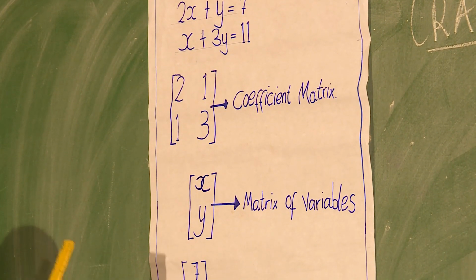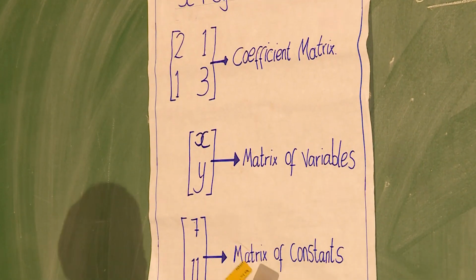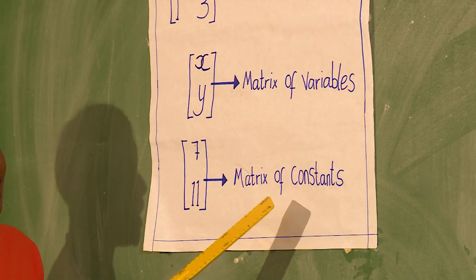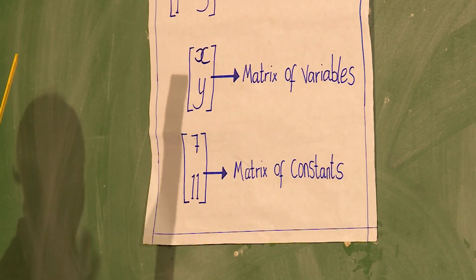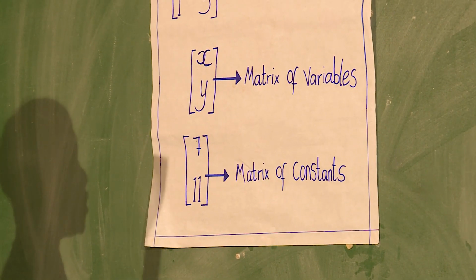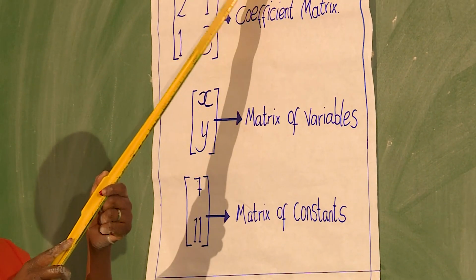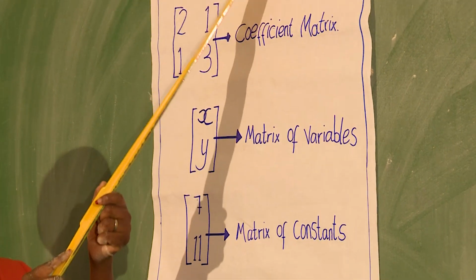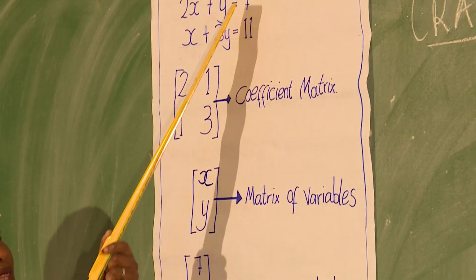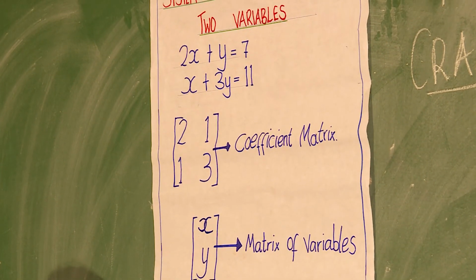We move to the next one, which is the matrix of constants. You know that a constant is a number that stands on its own without a variable, isn't it? Yes. So we are going to look at 7 and 11. We don't have any variable there. So these are called constants. We are going to pick them the way they are, which is 7 and 11.